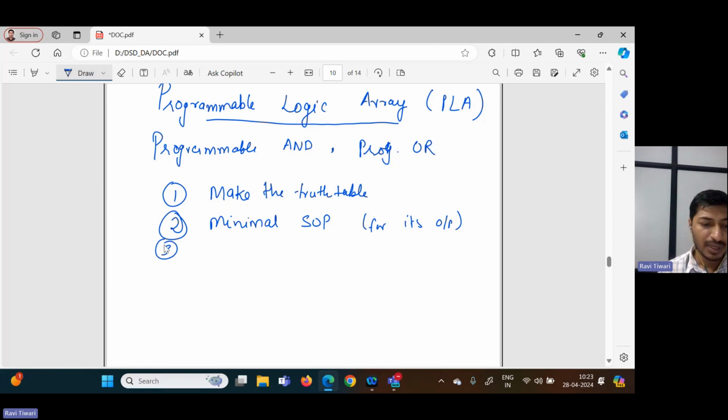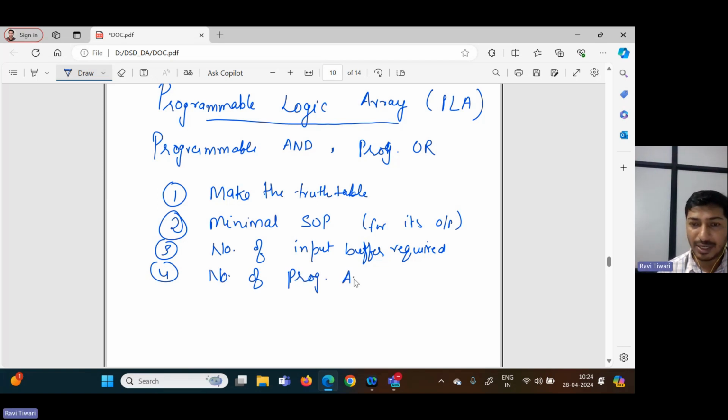In the third step, we need to find out the number of input buffers required. In the fourth step, we calculate the number of programmable AND gates required.